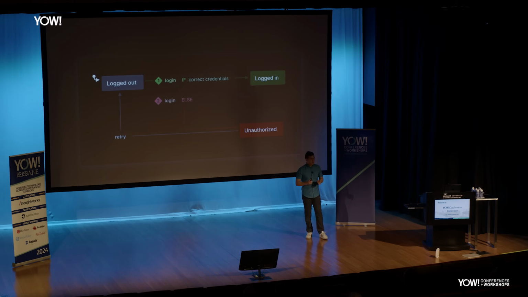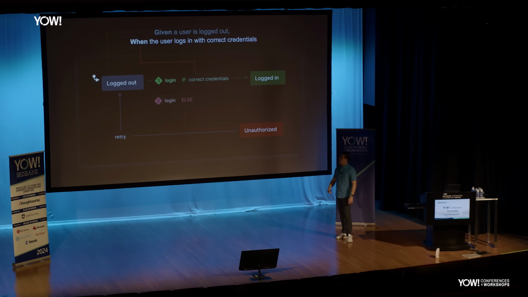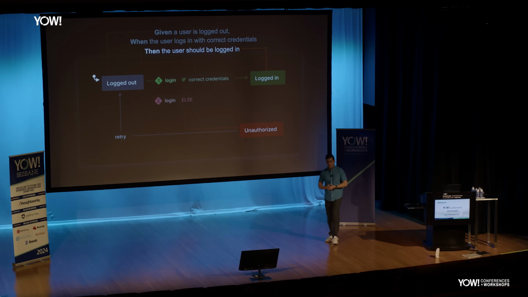One of the things that I really appreciate about state machines is how they map directly to requirements. So for example, logged out, log in, logged in. This is a very simple state diagram explaining an authentication process, but it maps to your Gherkin, Cucumber, whatever you want to call it: given a user is logged out, when the user logs in with valid credentials, then the user should be logged in.